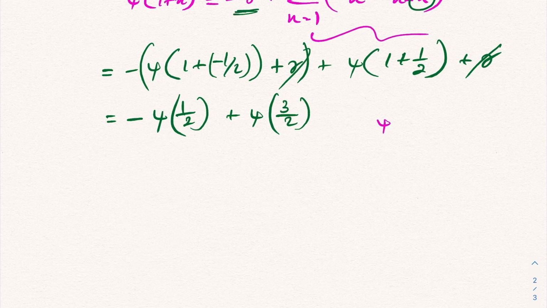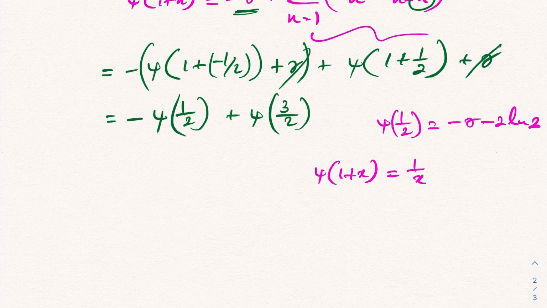We know digamma of 1 half is equal to minus gamma minus 2 times natural log of 2. Also we know the recurrence relation, we also proved this relation: digamma of 1 plus x is equal to 1 over x plus digamma of x.